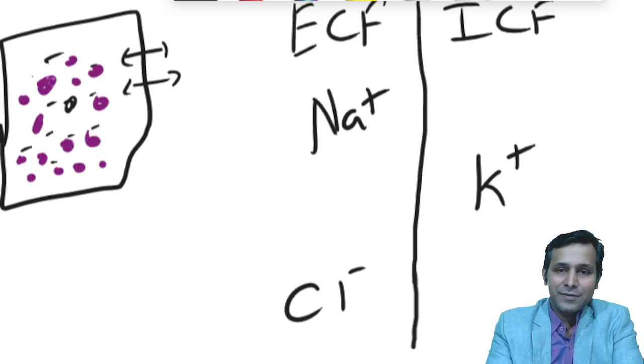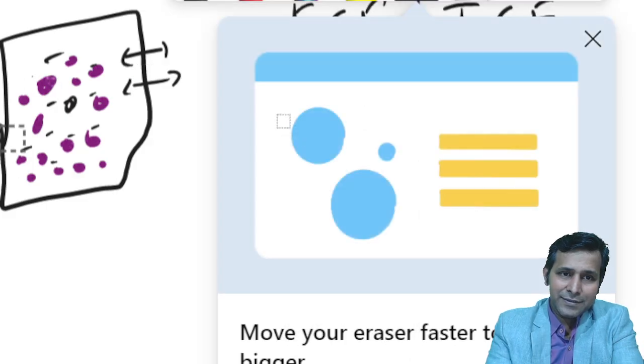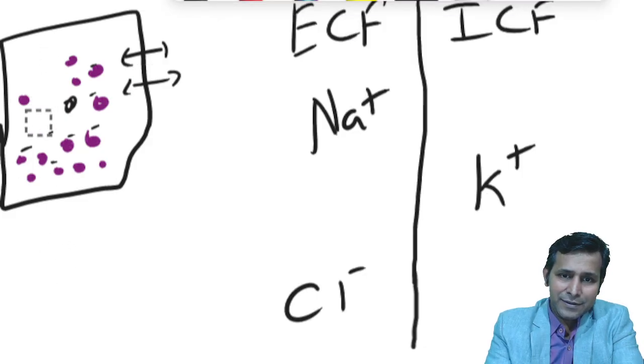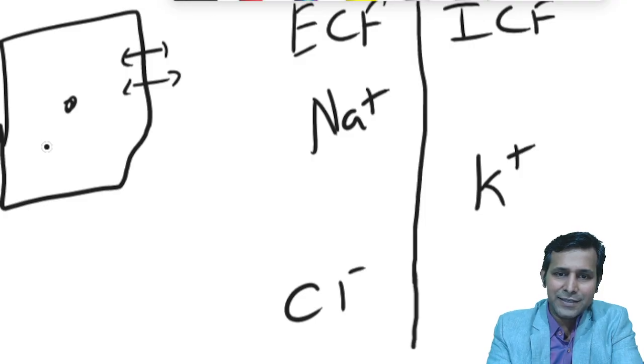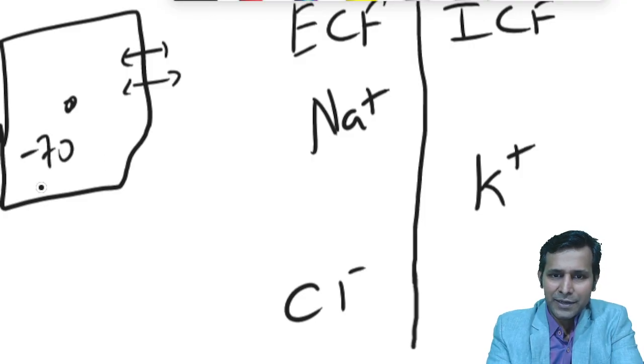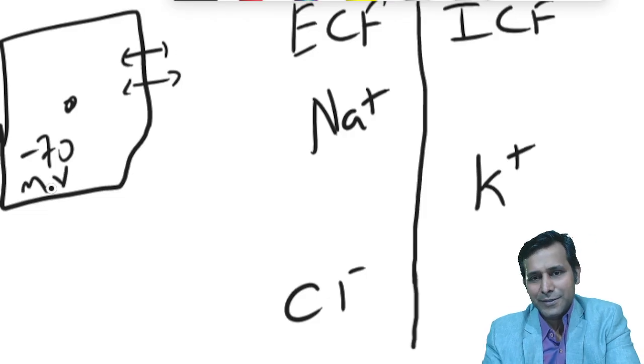So see, if I say that the cell is at rest and the cell has minus 70 millivolt inside it.